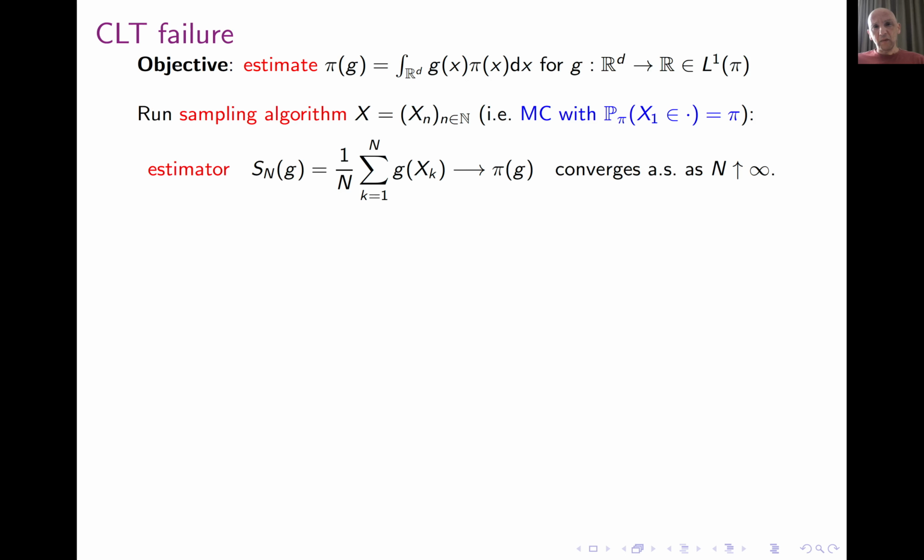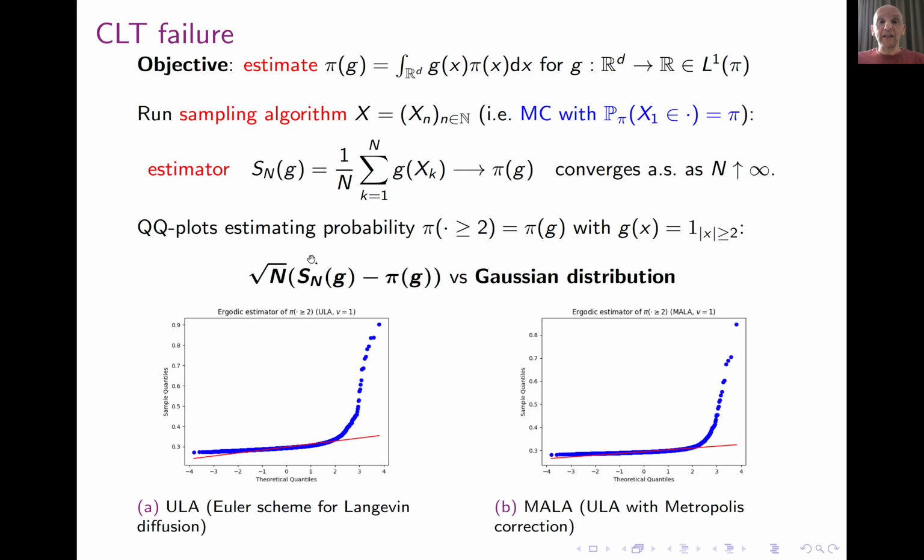Now, one can also in practice see that the CLT fails. What we're trying to do is understand what pi of g is, the integral of some L1 function against pi. We run a sampling algorithm for capital N steps, and then look at an ergodic average, which will converge almost surely to the quantity of interest. Now the question is, what is the error? I take S_n of g minus pi of g, blow up the error, and this should converge to a normal distribution.